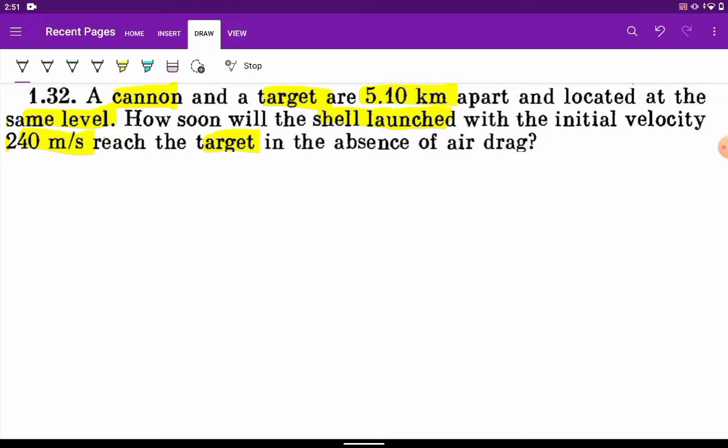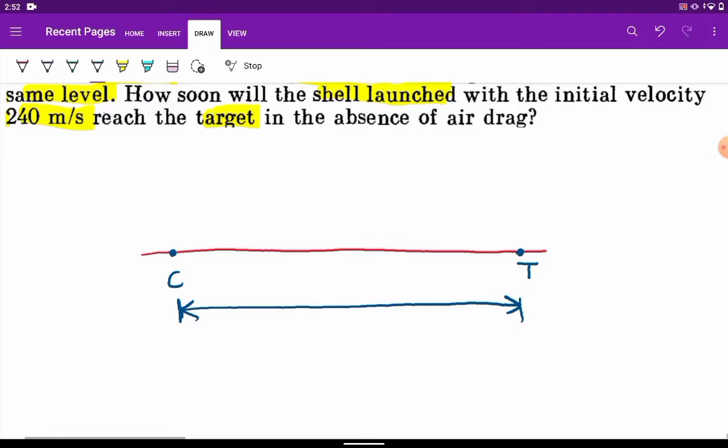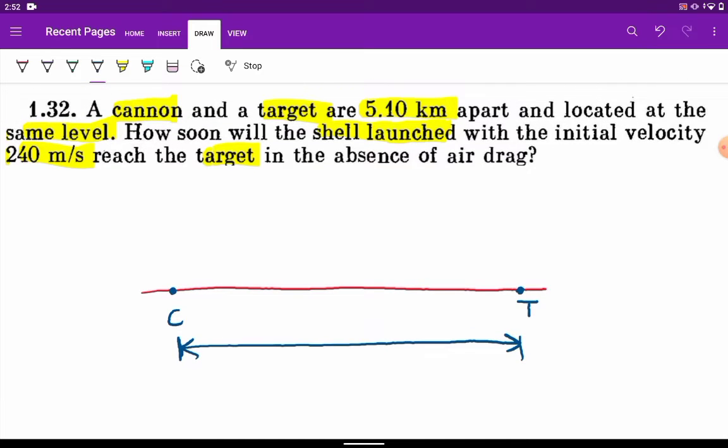So let's consider this is the level at which they are located. This is the position of the cannon C, and this is the position of the target T. They are at some distance D apart, which is 5.1 kilometers or 5100 meters.